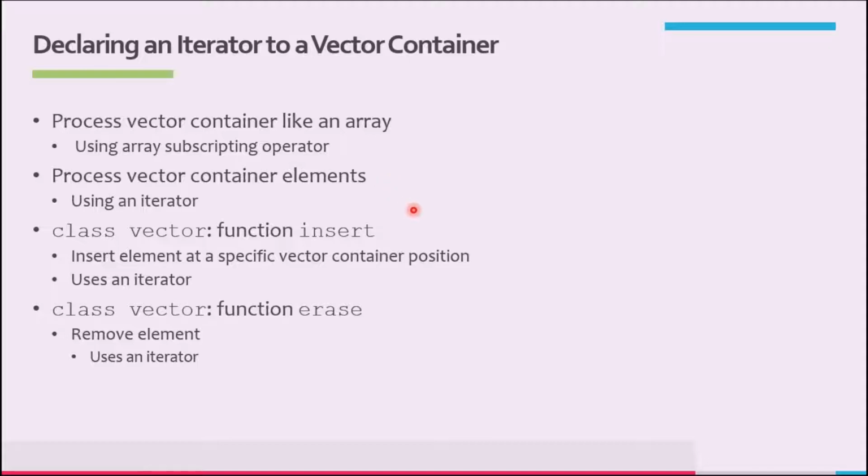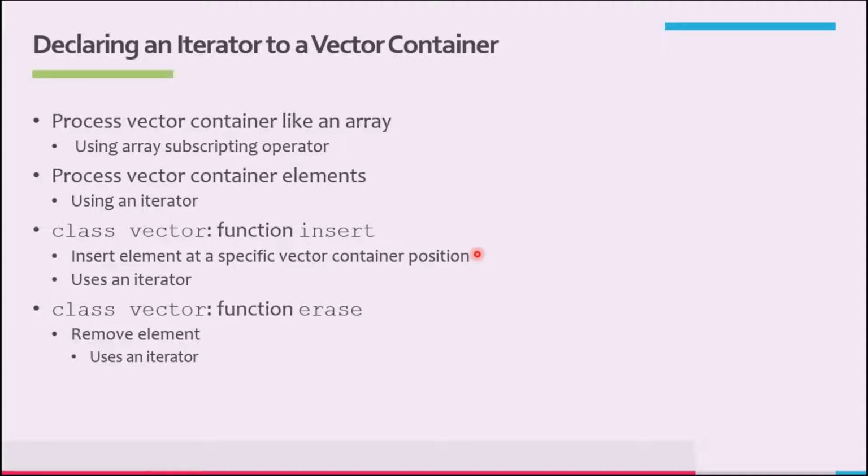For example, suppose that we want to insert an element at a specific position in a vector container. Because the element is to be inserted at a specific position, this would require shifting the elements of the container unless the element is added at the end. So of course, we must also think about the size of the container.